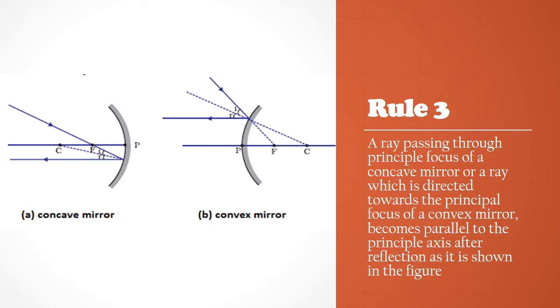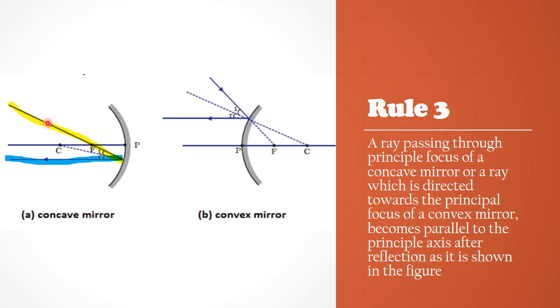So when a light is incident on the concave mirror and it passes through the focus, this is your incident light and it is passing through the principal focus, capital F. After it strikes your concave mirror, this light will move parallel to your principal axis.